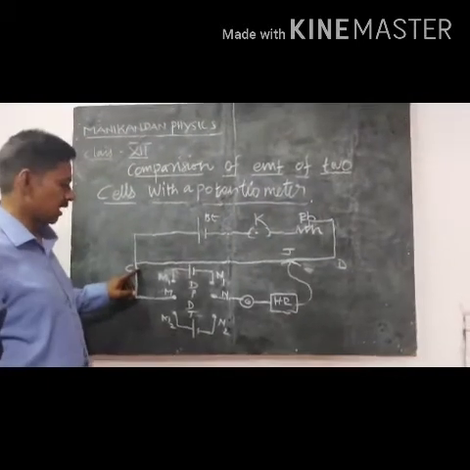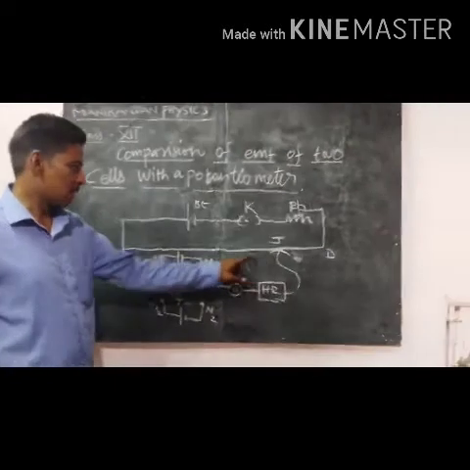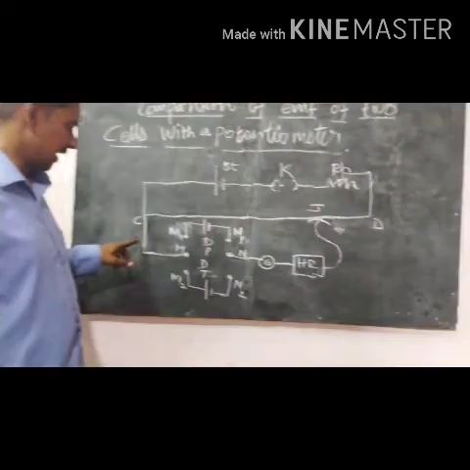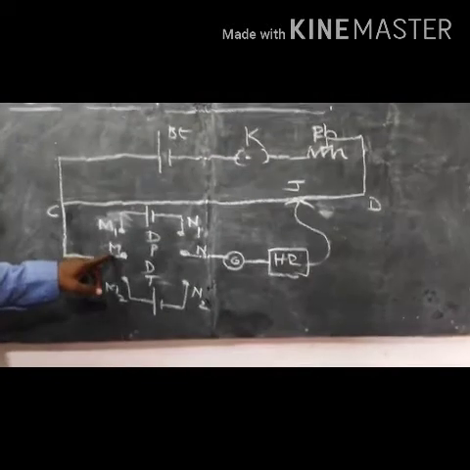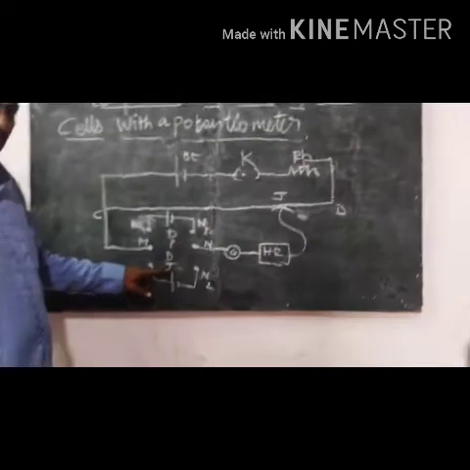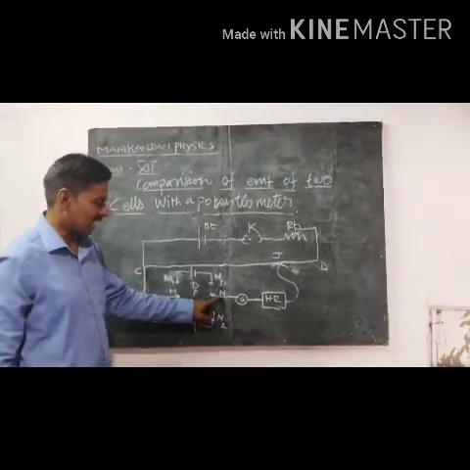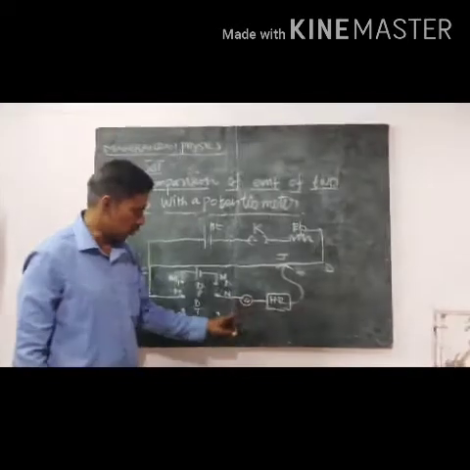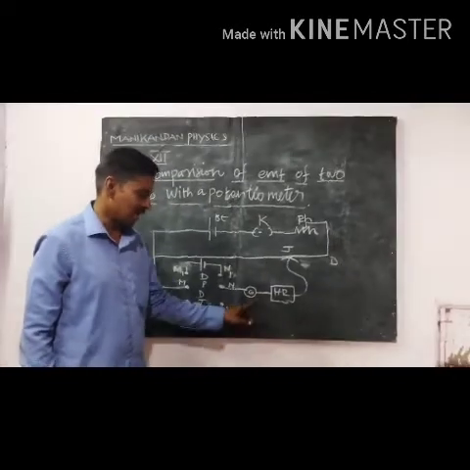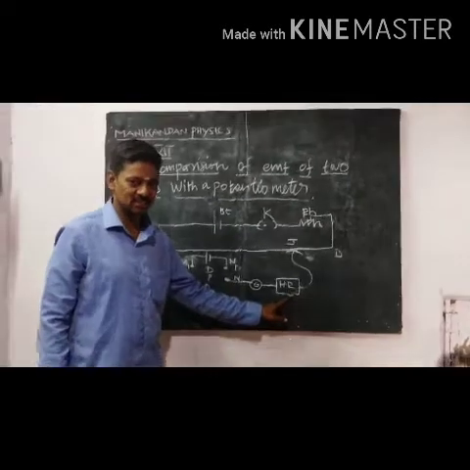The C end of the potentiometer wire is connected to terminal M of the DP-DT, and another terminal N is connected to the jockey through a galvanometer and a resistance.